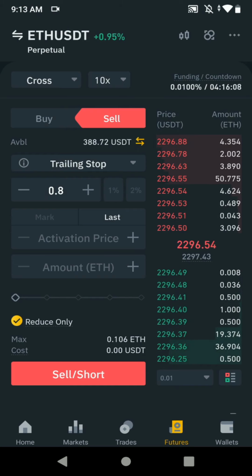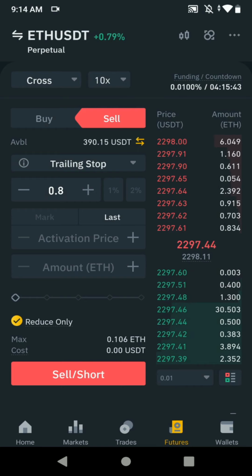So this trailing stop is more oriented towards booking profit in parts, and this stop doesn't close your full position. It's up to you how much position you want to close if the stop loss is hit, and it's not fixed, it's dynamic, it keeps moving with the market price once it gets activated.